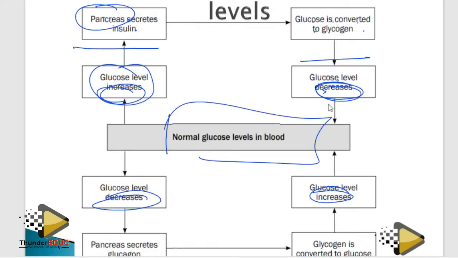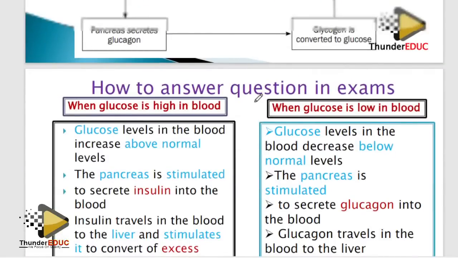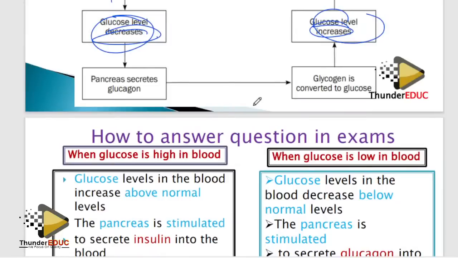So draw this, put what you want to talk about, increase or decrease, then talk about the gland that produces the hormone, and then the function of the hormone. It's done. I don't know why people always say this topic is a problem. Sometimes it's a problem because you don't know how to tackle it. It's a simple thing. I just want to make things simple, because I don't want people to have problems with reading.